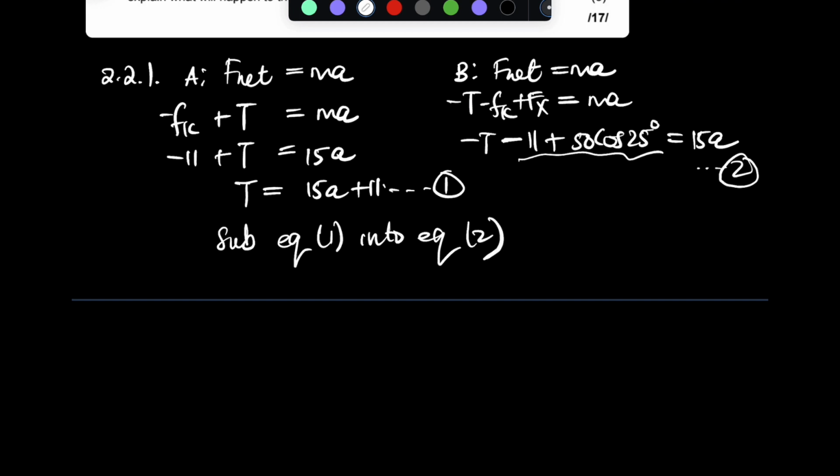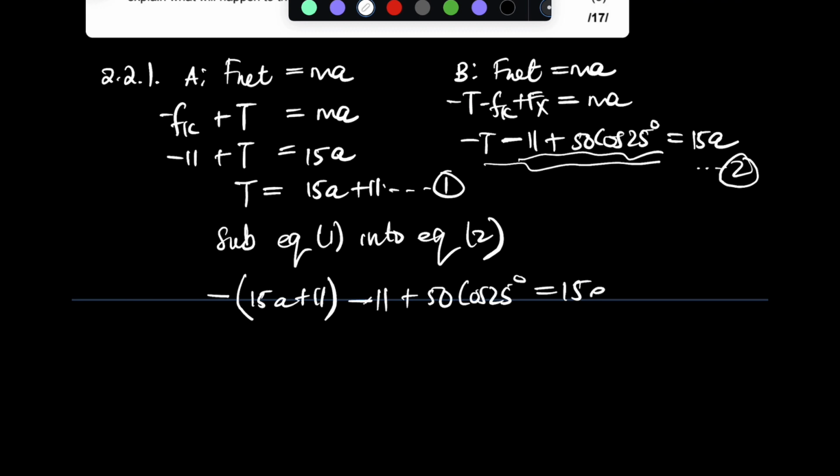And then it will be negative 15a plus 11 minus 11. I'm substituting in this. Minus 11 plus 50 cos 25 degrees is equal to 15a.